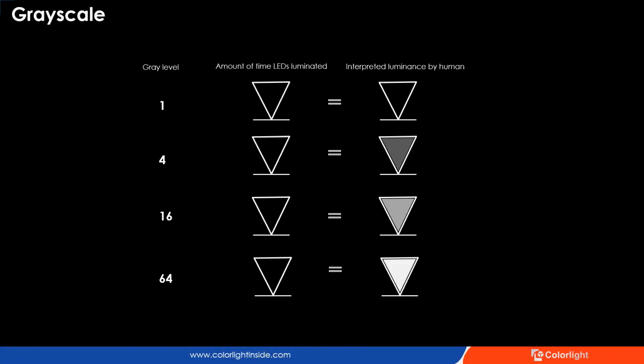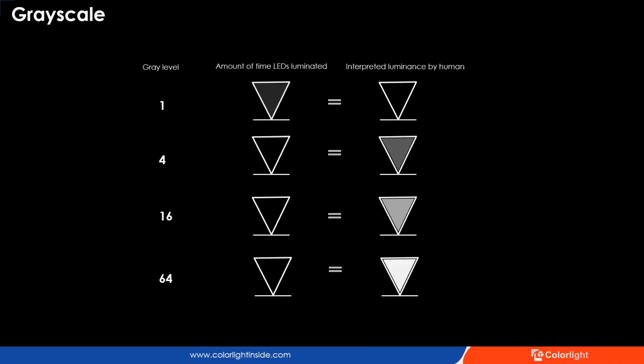The longer the on time of the LED, the brighter it will be perceived by the eye. Please look at this example here. There are 4 LEDs. The first LED displays gray level 1. Its on time will be very short, and the human eye would perceive it as very dark brightness.